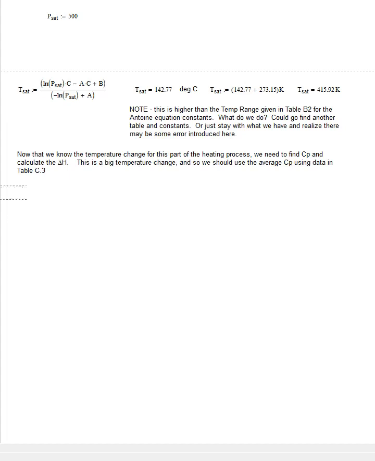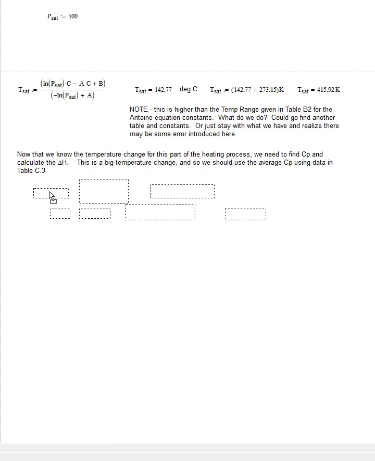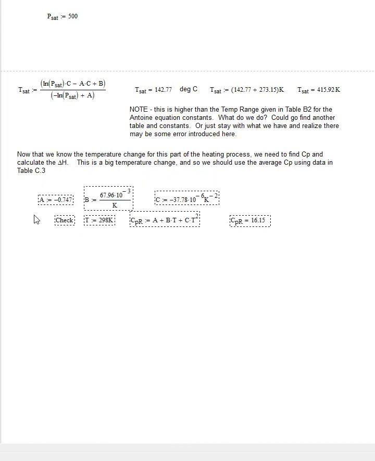And so we go to table C3, because remember this is a liquid, and table C3 has the values for liquids. And so we look up the values for your heat capacity polynomial constants, so A, B, and C. And again, remember to get your exponents correct and get your units correct so that MathCAD figures everything out.